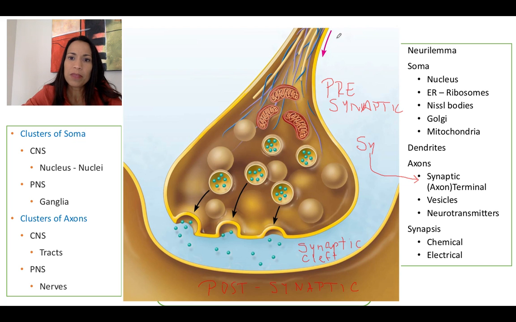So at the end, in the presynaptic neuron, this part of the axon is filled with these vesicles, and these vesicles contain these green balls that are supposed to be the neurotransmitter.